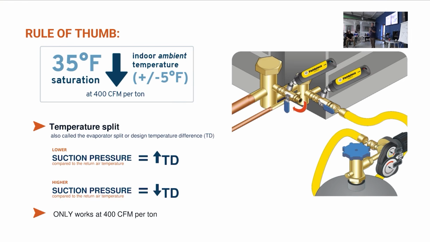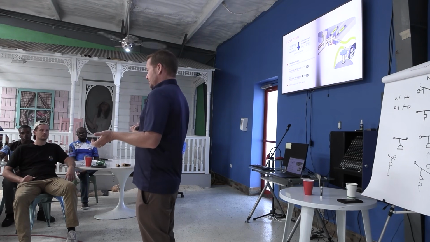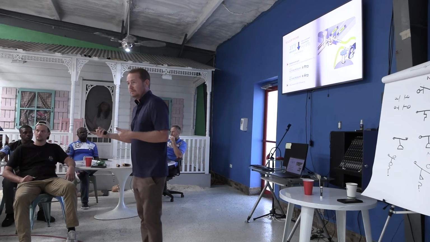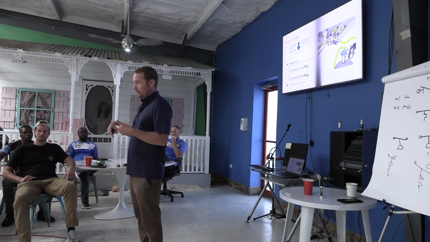Now, this also tells us something, though, because you get these clients in this market. Do you have clients who like to set their air to 65 degrees inside the house? So do the math. 65 minus 35 equals what? 30, which is below 32.